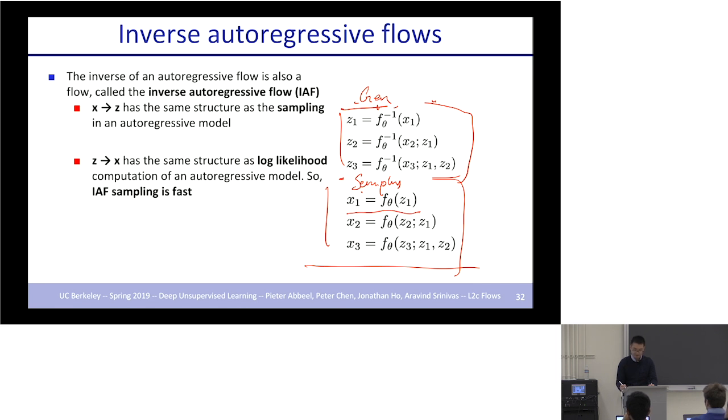You would say, I get some random variable z1, and then I map it through some invertible function, and I get x1. But then the next one becomes interesting. Again, my next one is an invertible function that's parameterized by another random source. But now it's no longer depending on x1. Now this function is parameterized by z1, which you have from the beginning. And then similarly, the way that I sample random variable x3 is by conditioning on z1 and z2. So that you essentially can parallelize computation of all of this at the same time.